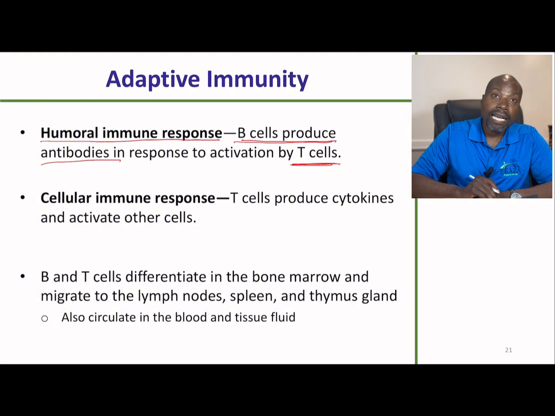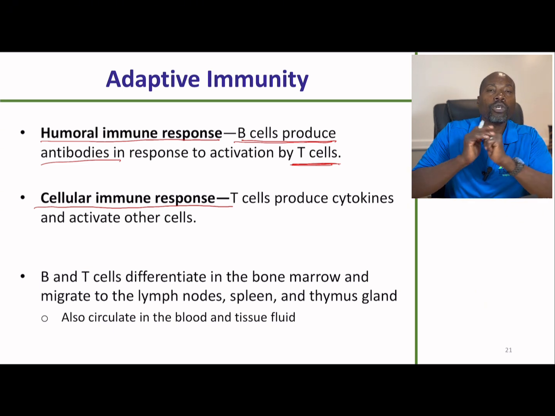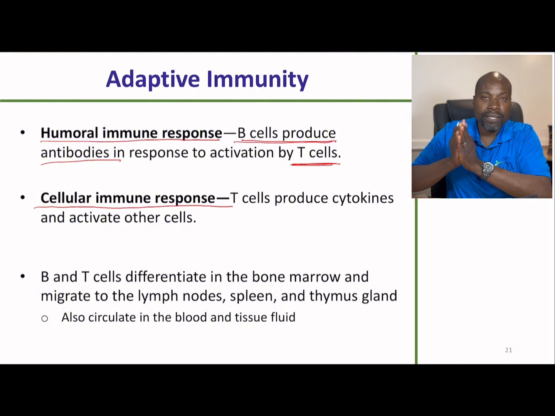Now, the second type of adaptive immunity I'm going to address is cell-mediated immunity, or cell immune response. That cell immune response involves helper T cells and cytokines and cytotoxic T cells. In addition to the different components I just mentioned, you are also going to have the antigen presenting cells, or APC.